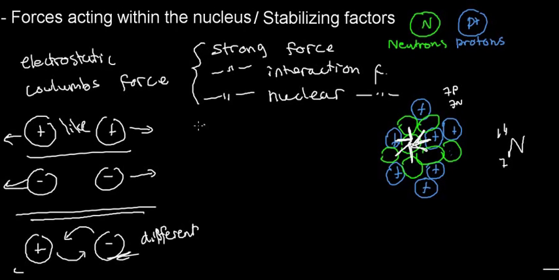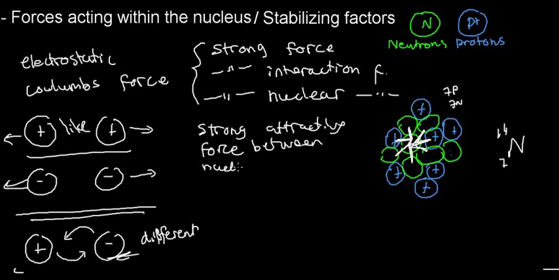So what the strong force says is a strong attractive force between nucleotides, nucleotides being neutrons and protons. And a very essential difference between the electrostatic force and the strong force is that the strong force only spans the length of one nucleotide.